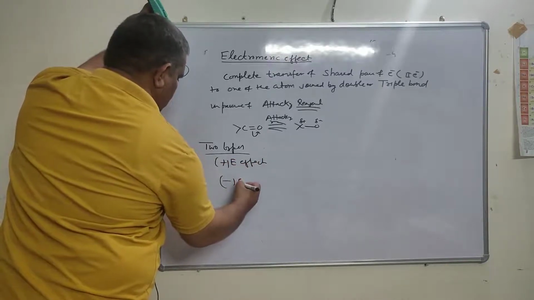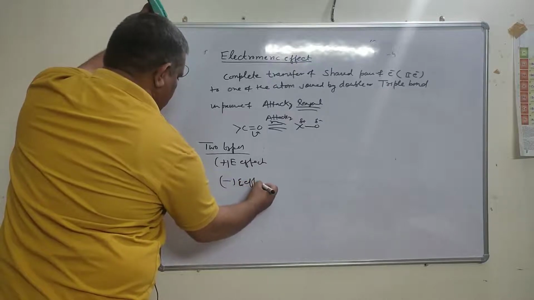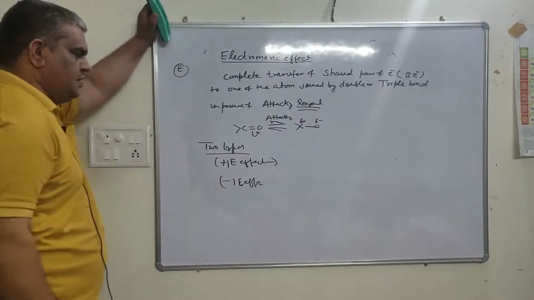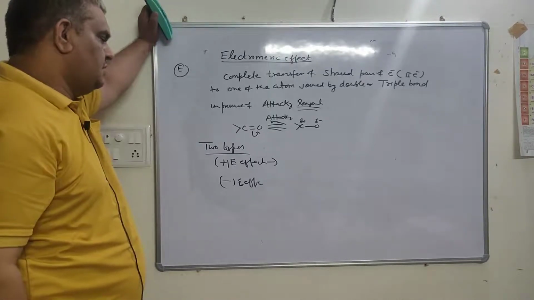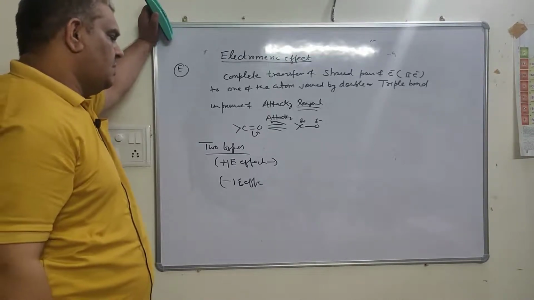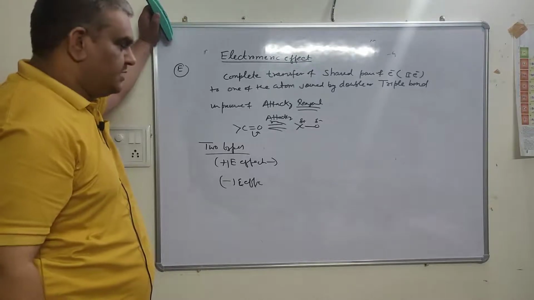The plus E effect is when the pi electrons are transferred towards one of the atoms of the multiple bond to which the attacking reagent is attached.